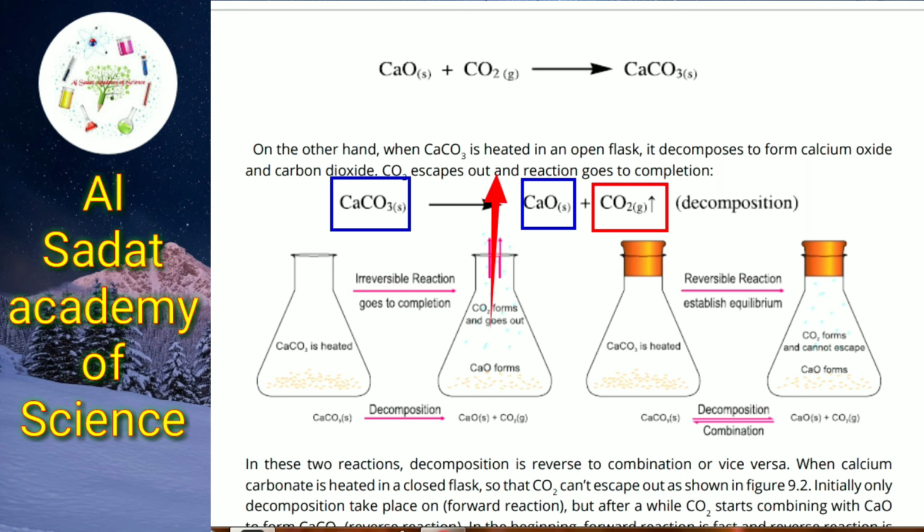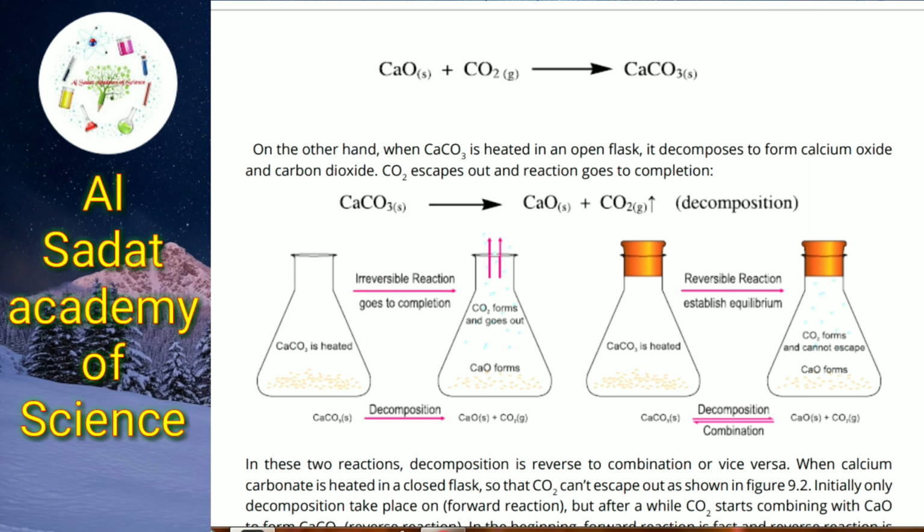Now let's see what happens when this reaction takes place in a closed flask. If we heat CaCO3 in a closed flask, carbon dioxide cannot escape out of the bottle, and after some time carbon dioxide and CaO react again to form CaCO3, the reverse of the above, and hence both reactions take place side by side, decomposition and combination.